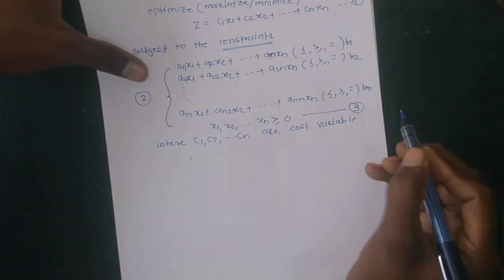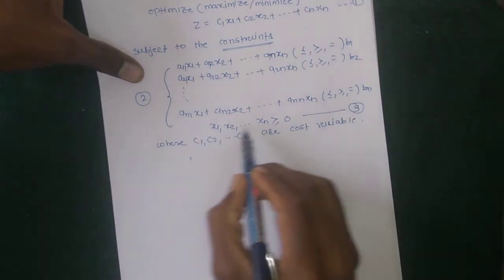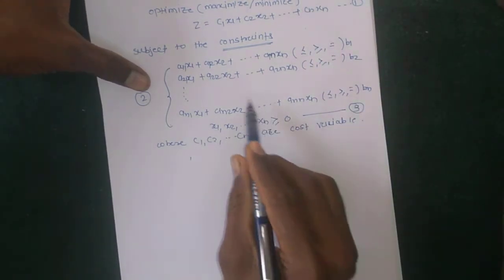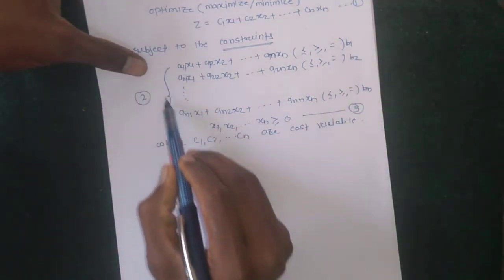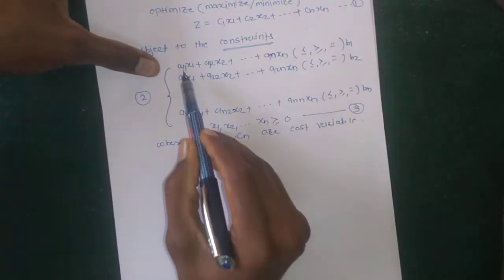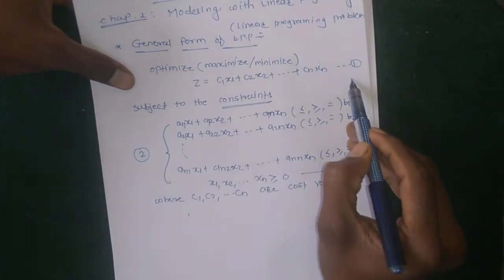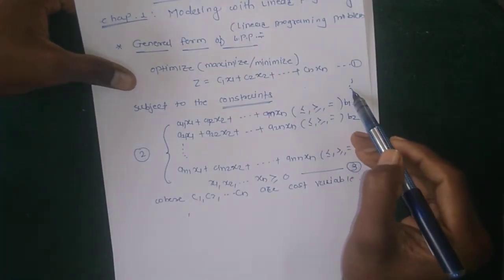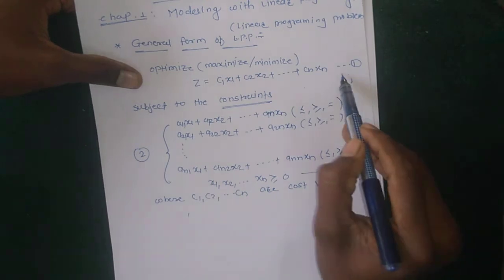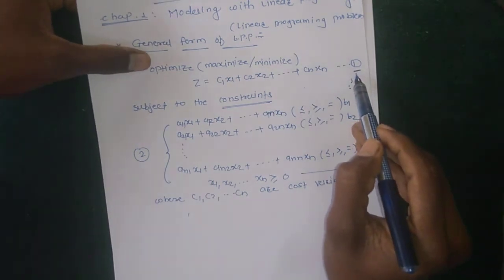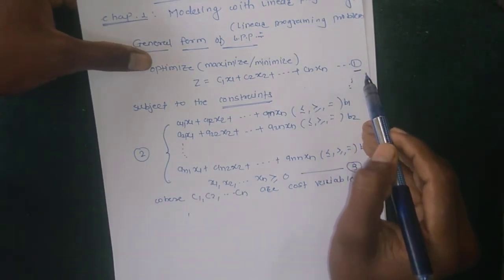This is equation number 3, called the non-negativity condition. Equation 2 is the constraints, and equation number 1 is called the optimize equation.